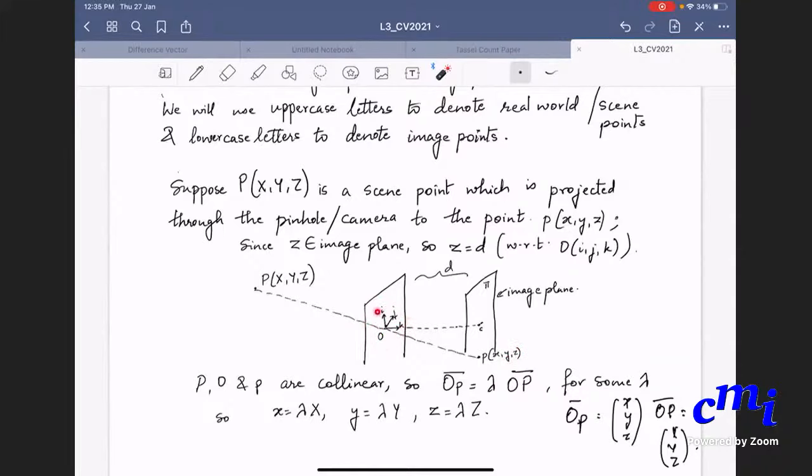We have kept this fixed, and everything is going on with respect to this one coordinate system. With respect to this, we have this equation. Now if Op bar is lambda times OP bar, then in terms of the coordinates, small x is lambda times capital X, small y is lambda times capital Y, small z is lambda times capital Z.